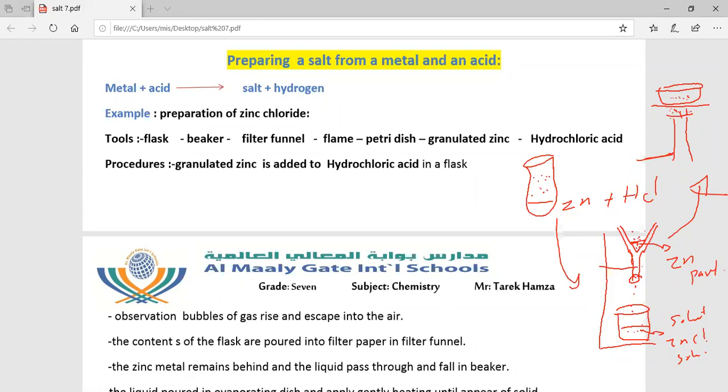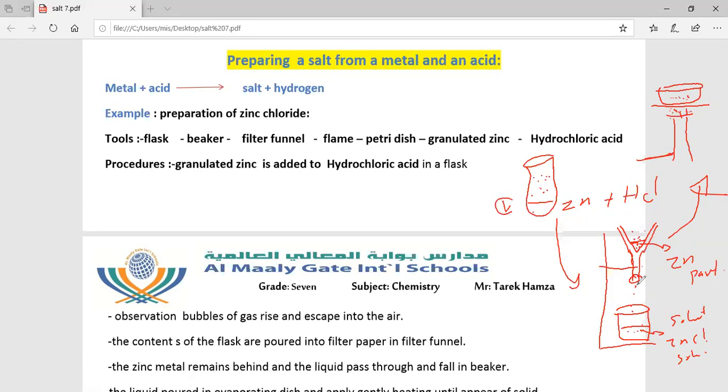First, put zinc particles with hydrochloric acid in a flask. Observation: bubbles of hydrogen are released and escape into the air. Until bubbles are no more produced, take the content of the flask and pour it into a filter funnel which contains filter paper.